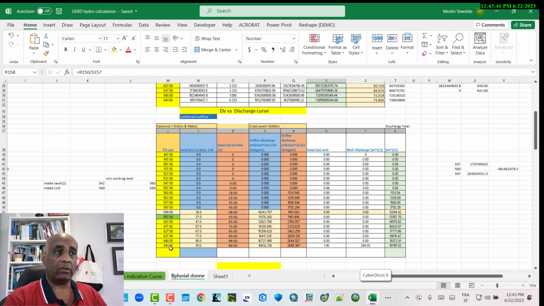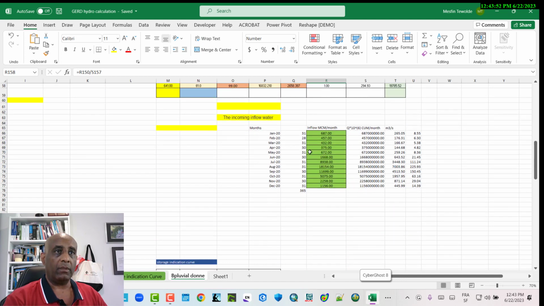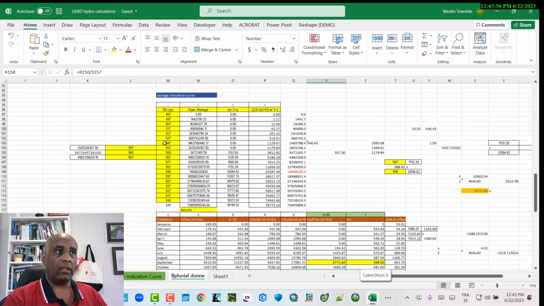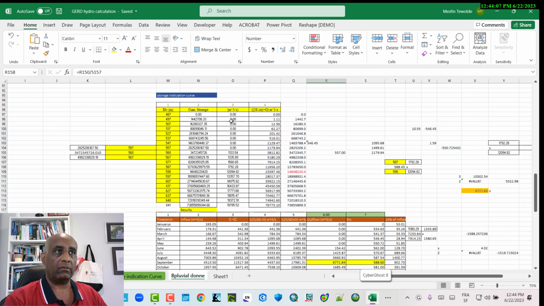When it reaches 641, every outlet can be used. It's a monthly flow and the observed flow, and this is the calculation. Then this is the outflow calculation, interpolating from here, interpolating from here.